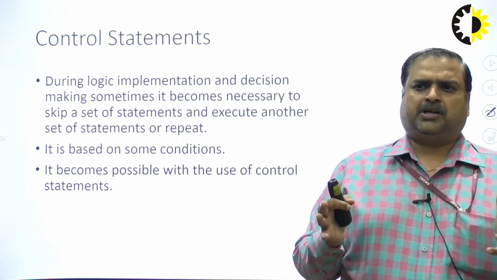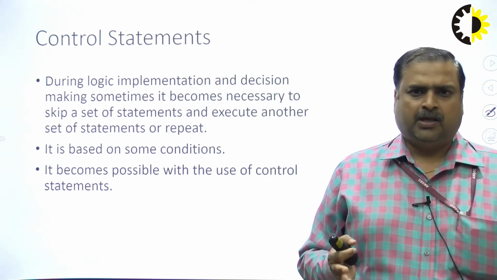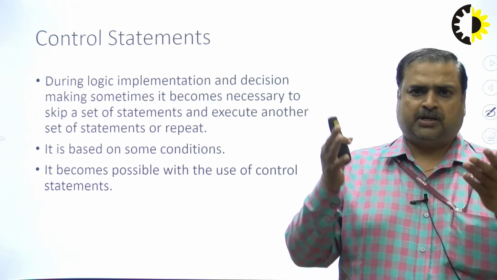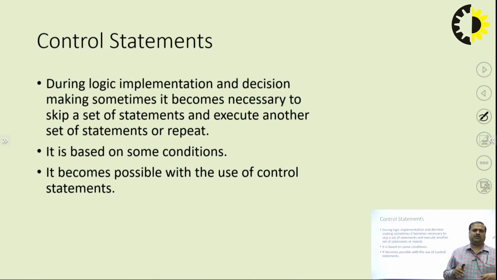Most of the time, when we create a logic for solving a problem, unless the problem is very simple, we have a straight path of execution for the program. But if the problem has a certain kind of logic and needs some decision making, then it will definitely require a different set of executions.